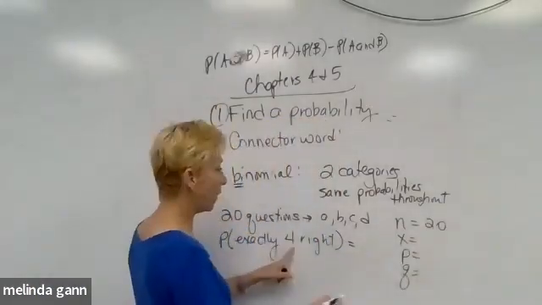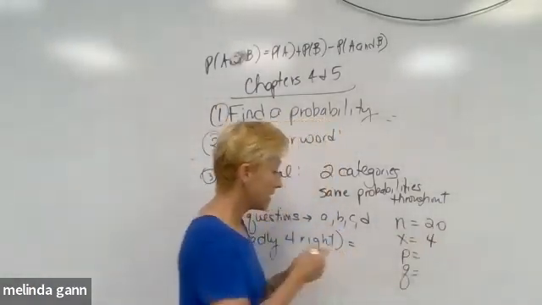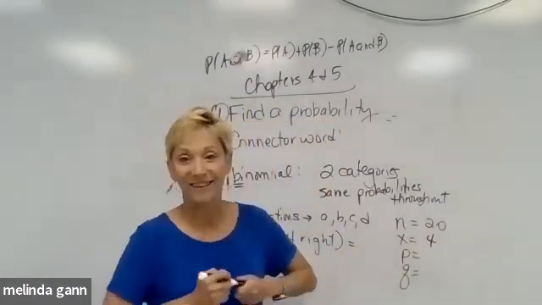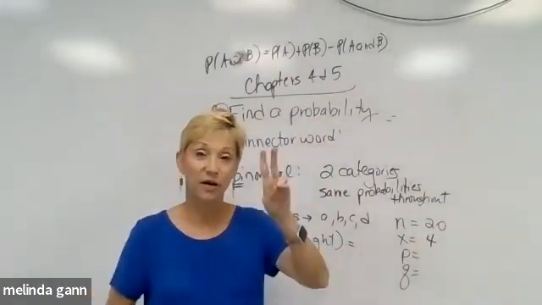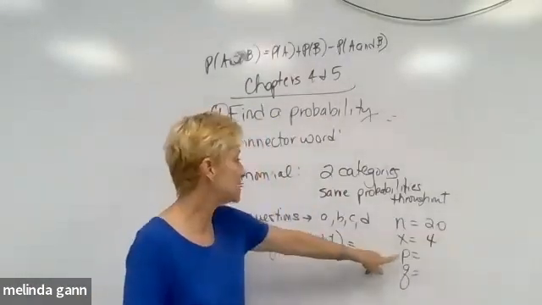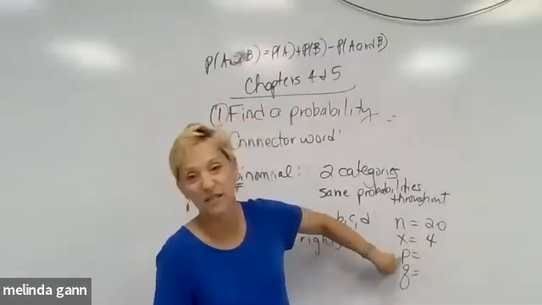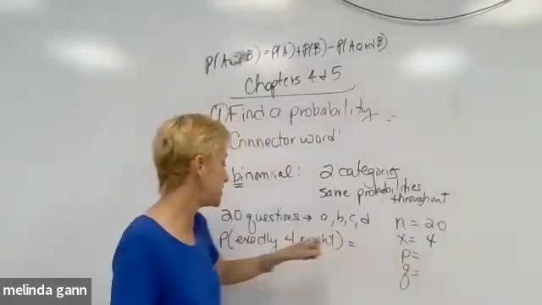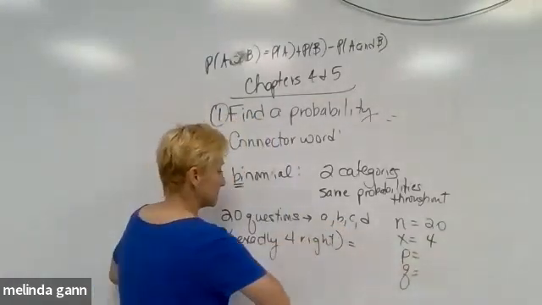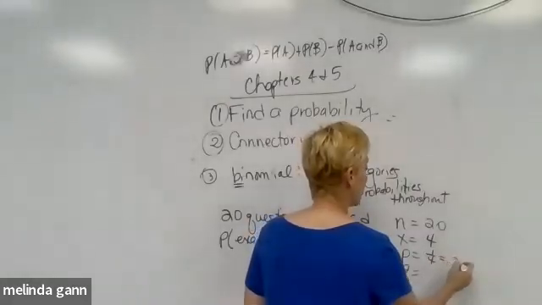My X would be 4. Now, P and Q are probabilities, and there are 2 because there are 2 categories. P is always the category in the parentheses. So P would be my chance of getting it right. And we already said that was 1 out of 4, which is 0.25.